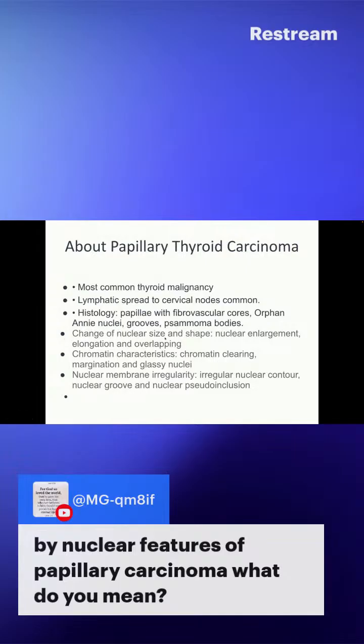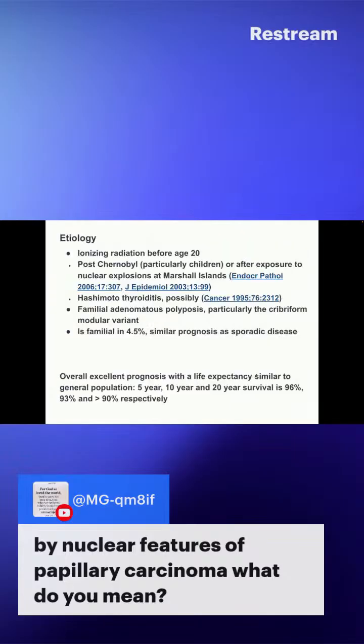A change of the nuclear size and shape: nuclear enlargement, elongation, and overlapping. And there are the chromatin features, which are chromatin clearing, margination, and glassy nuclei. Nuclear membrane irregularity, where the nucleus itself can have an irregular contour, nuclear grooves, and nuclear pseudoinclusion.